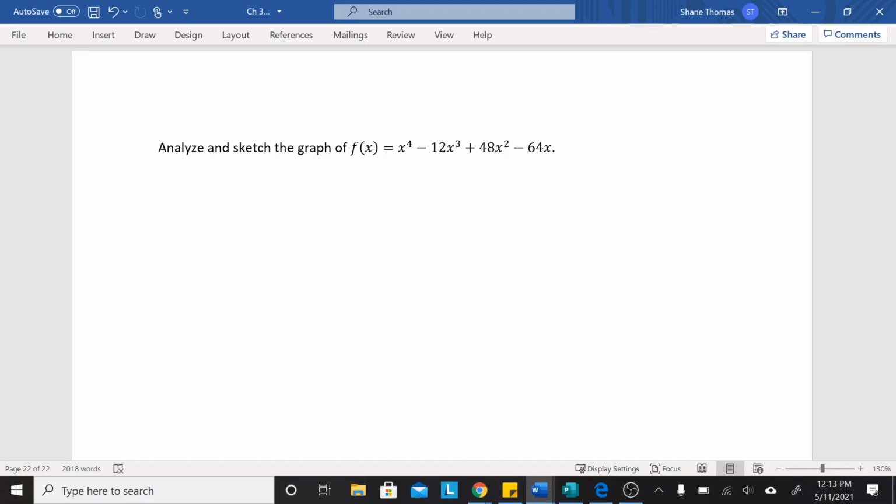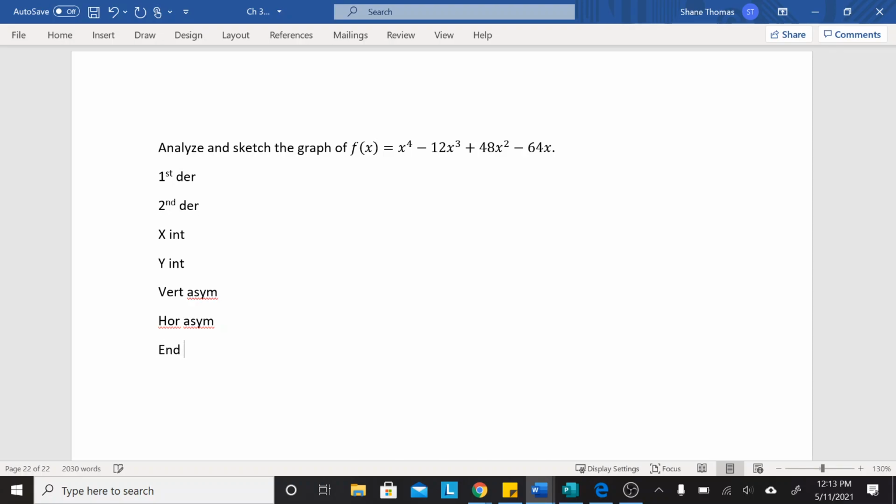I want you to find first derivative, second derivative. I want you to find x-intercept, y-intercept, any vertical asymptotes, horizontal asymptotes, all right?